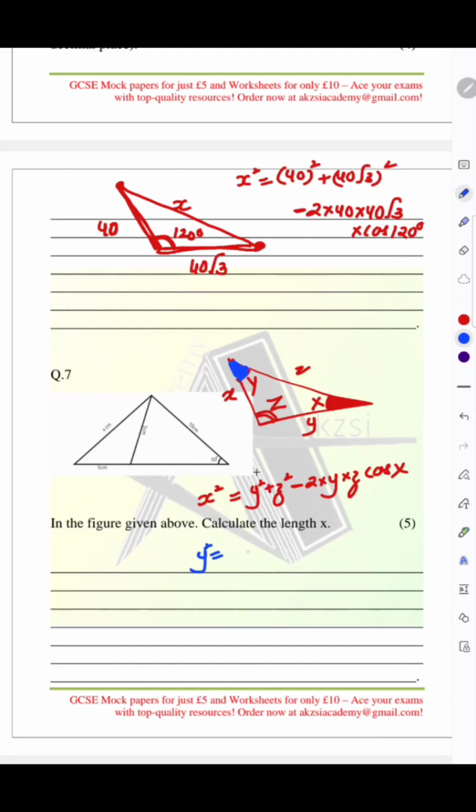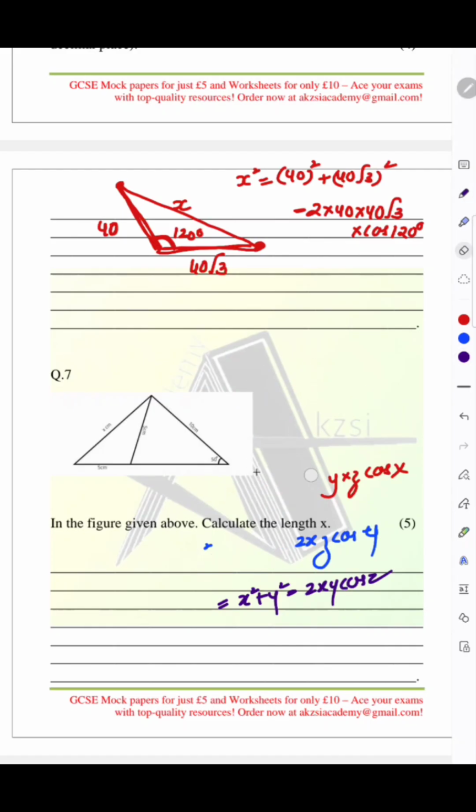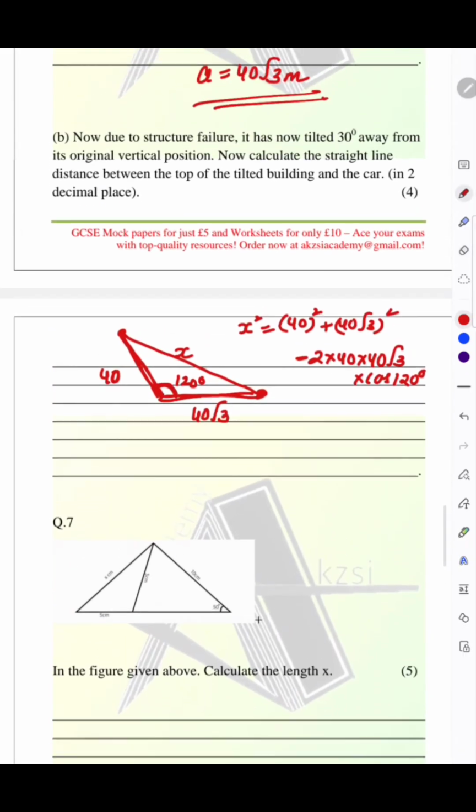So y squared is equal to x squared plus z squared minus 2xz cos of angle Y. And similarly, if you are given Z, z squared is equal to x squared plus y squared minus 2xy cos of angle Z. So this is the cosine rule, and this is the application which I'm doing, so that you can clearly see that I have applied it because cos 120 is given.